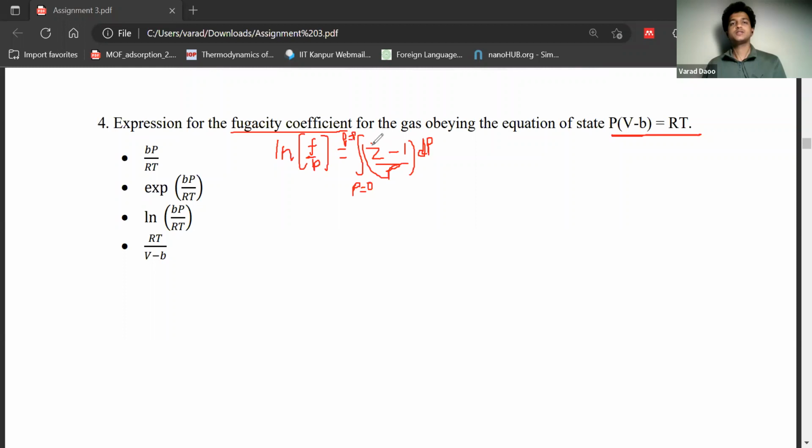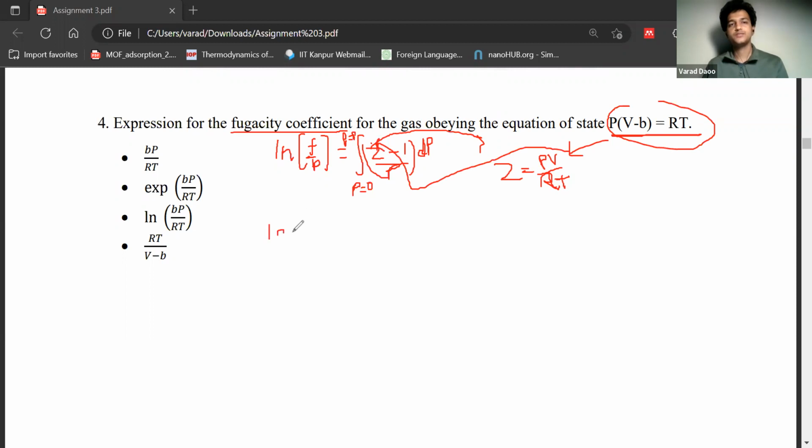So now remember what is this z? Z is nothing but PV by RT, or PV by nRT, depending on how you are calculating the volume. Use Z for this. You can calculate it from here, and then plug the value in here, and you will be able to find it. So f by p is nothing but the fugacity coefficient, right?